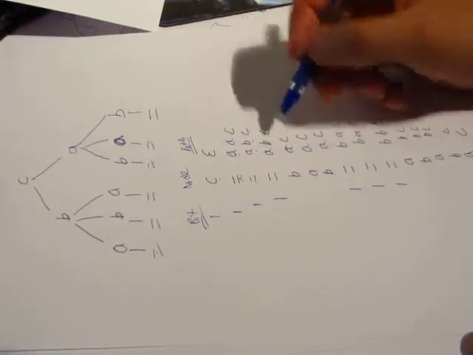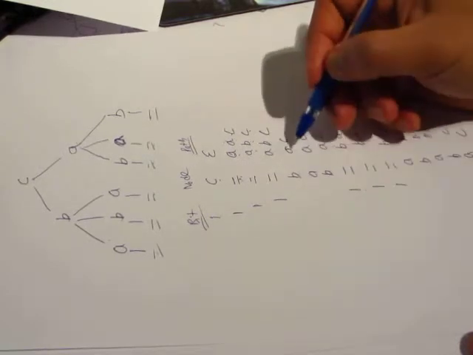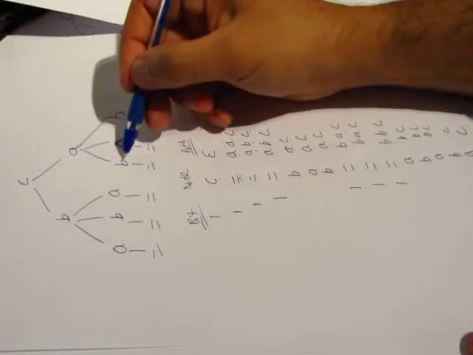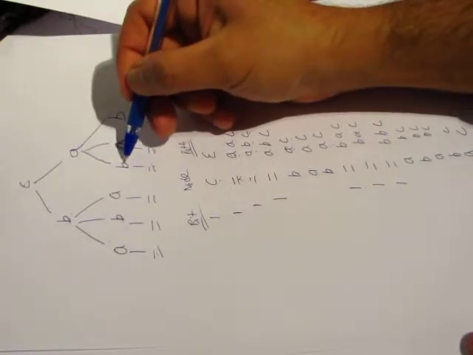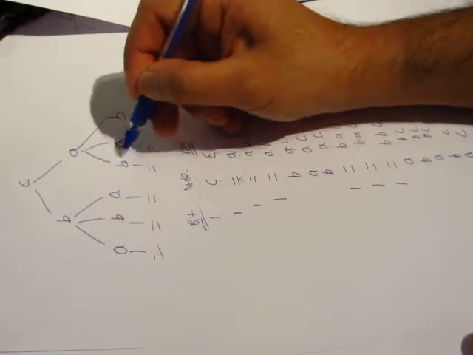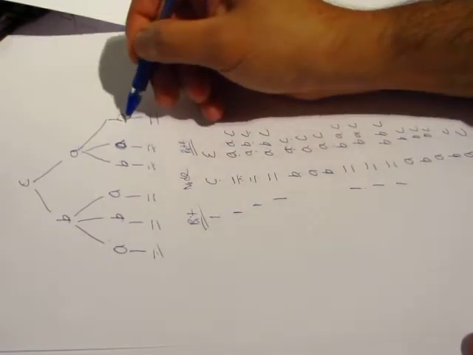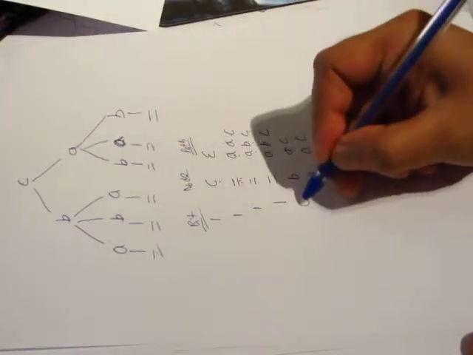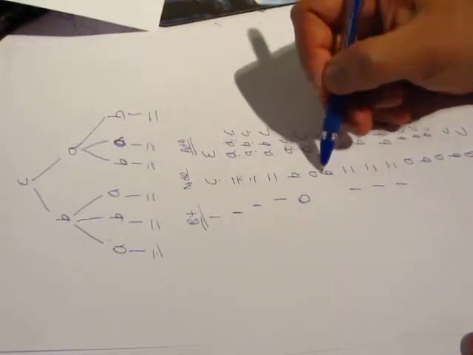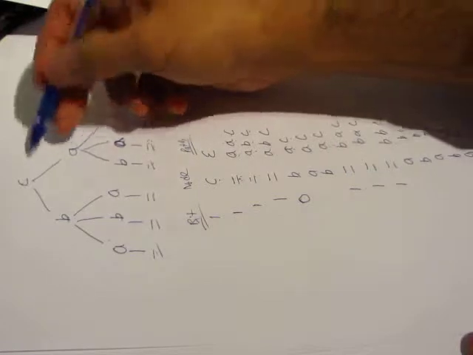Then we come to this node, that is AC path. This is AC and this is B. And if you see, this B is not the last child. This is the first child, this is second, this is the last child. So we write 0. And this A is this A because it's AC again.